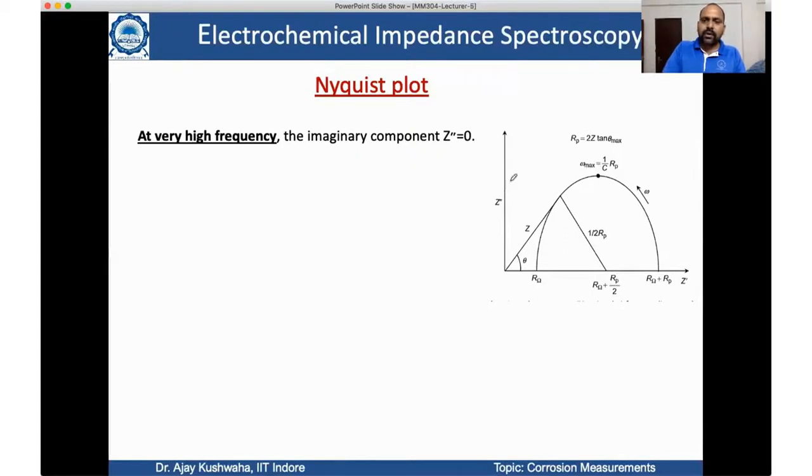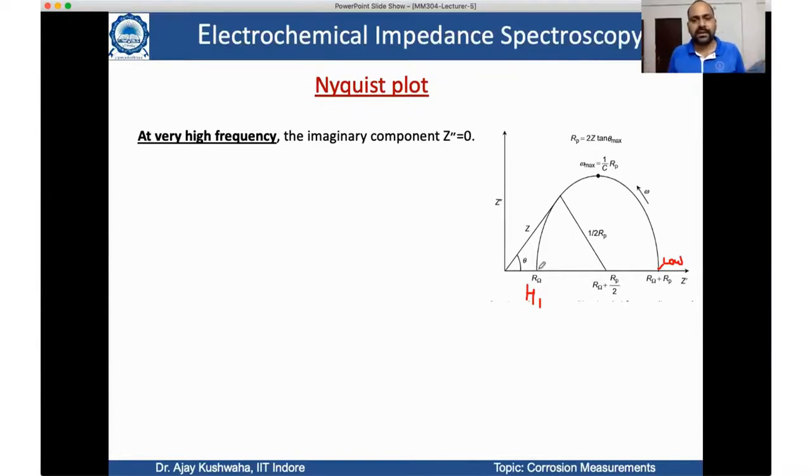So how are we going to analyze the parameters? First of all, at the beginning you have a very high frequency. At the end, this point, we have a low frequency. Low frequency. And here basically we have a high frequency. So at high frequency, the imaginary component Z double dash is 0.